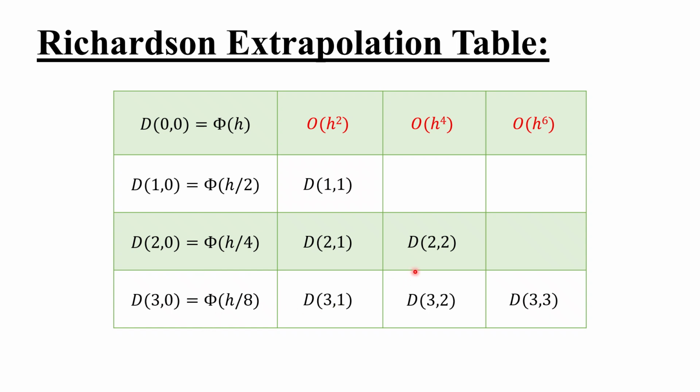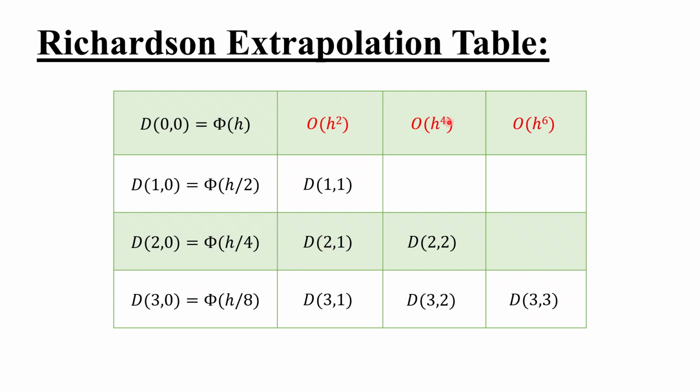Similarly, if you want to move to the next column, here you are using 4 times, and if you go further, you have to use 16. So if you want to calculate this D22, you have to use these two values in a similar way as before, but here you multiply this value by 16 instead of 4, because you are going further.